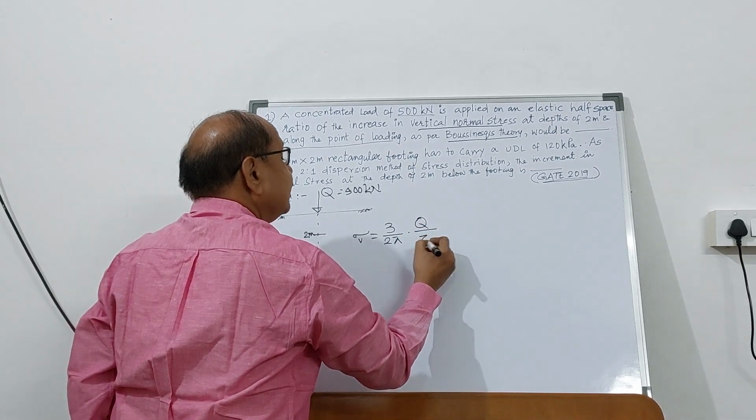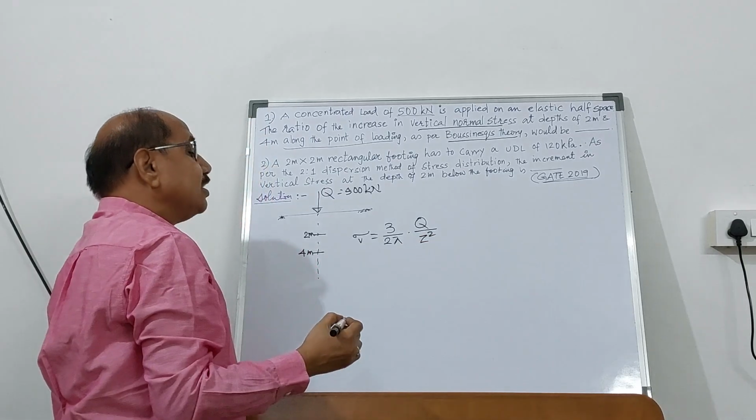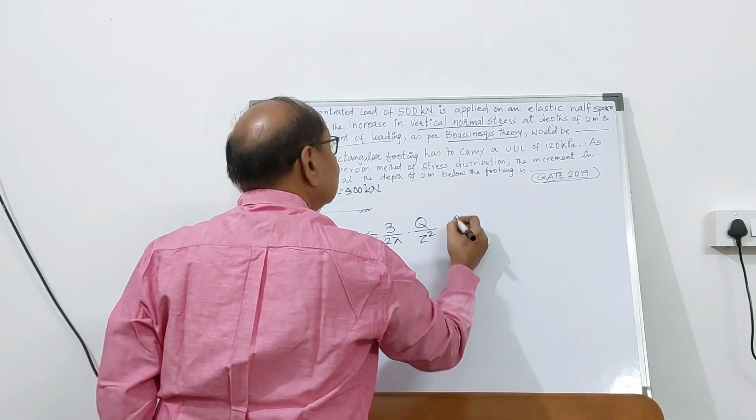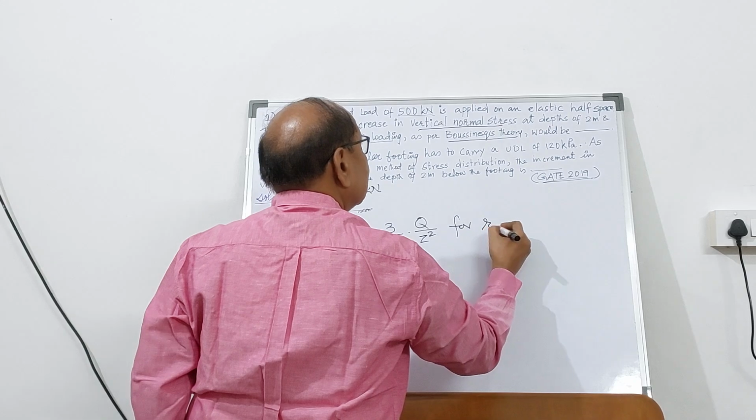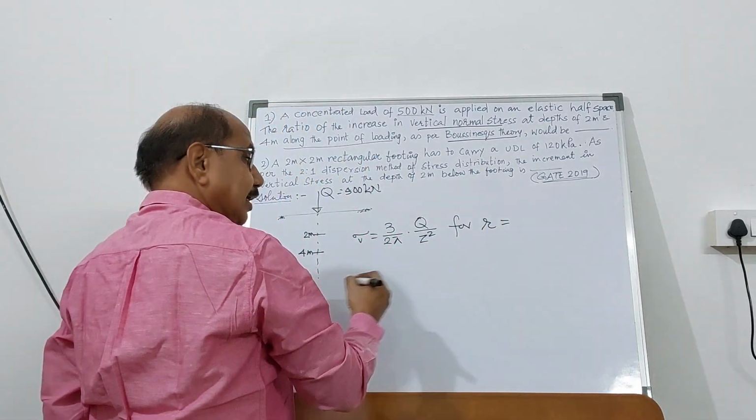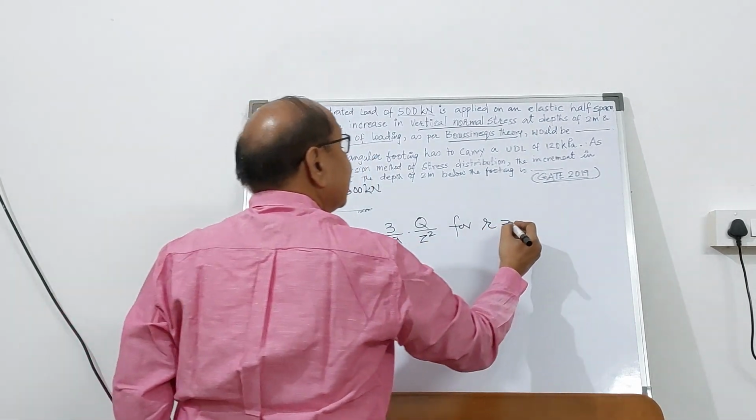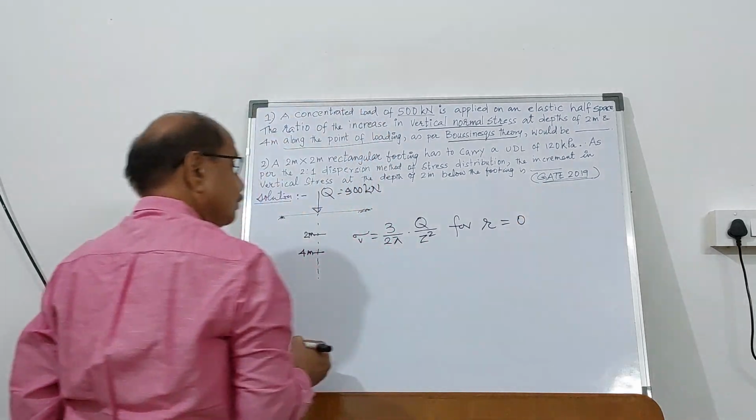Q divided by z square for the radial distance from the vertical axis equal to 0.